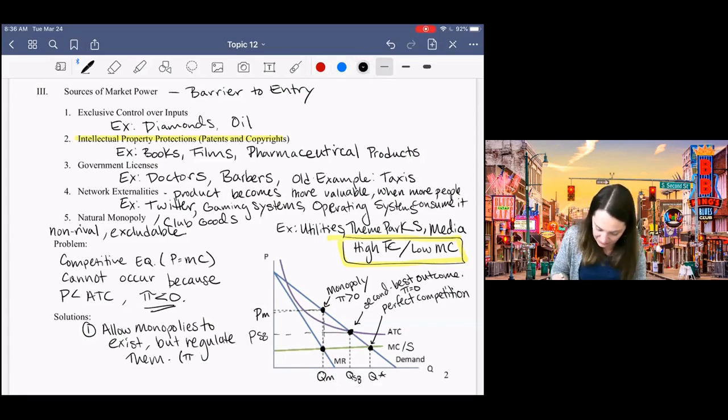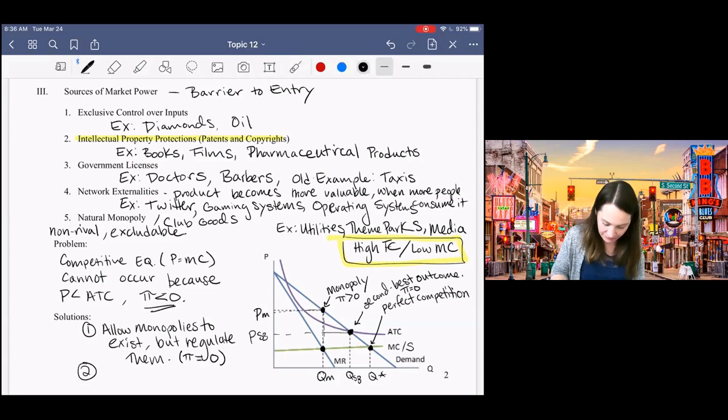So we could try to allow monopolies to exist, or allow firms to have market power, and regulate them. That's what we're attempting to do with our patent and copyright laws. Or if we really want to try to get to this socially optimal point here, we can do that, just not through a private market.